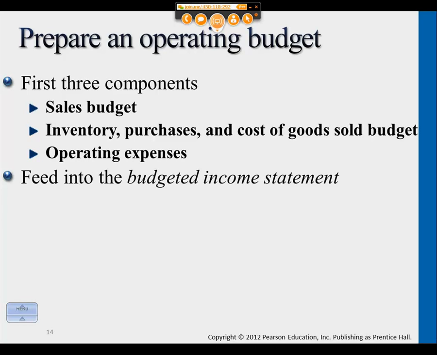Okay, so once we get all of these three together, they will feed into the budgeted income statement. The information that we get from these three is what we'll use for the budgeted income statement.